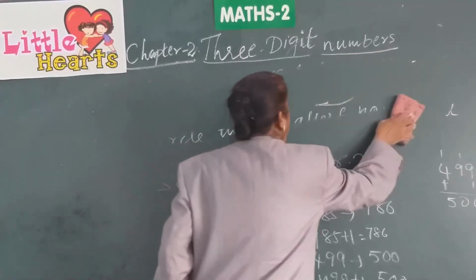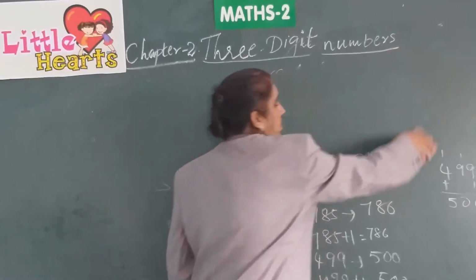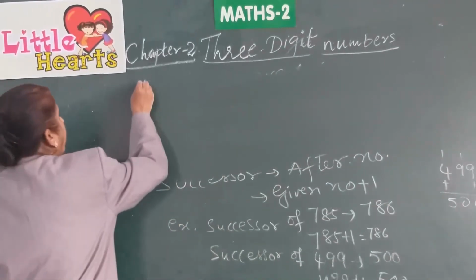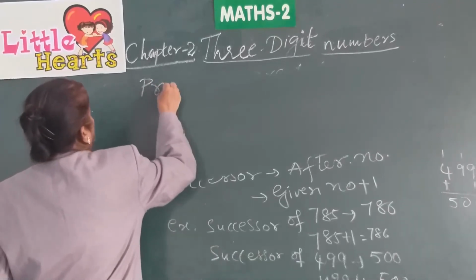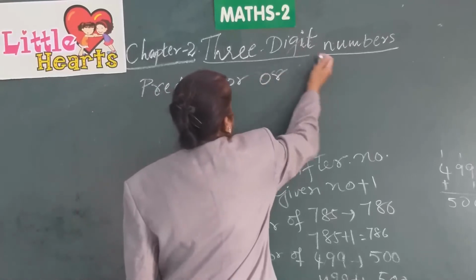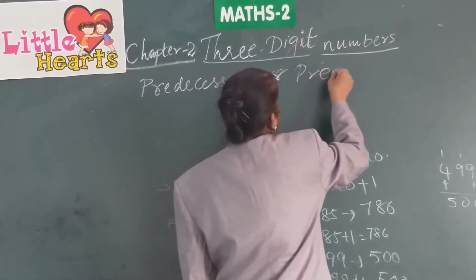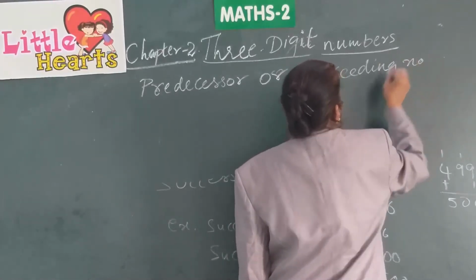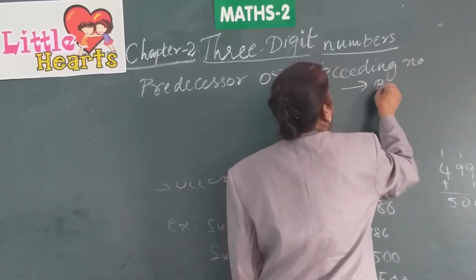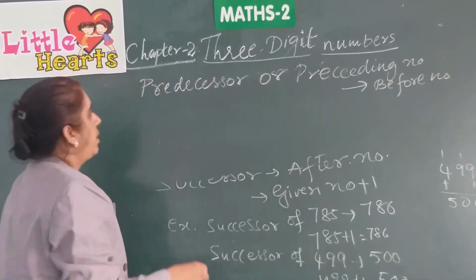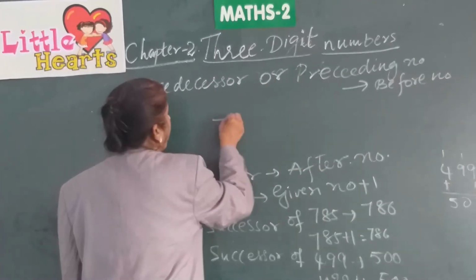Coming to predecessor. Predecessor or the preceding number. Preceding number is the before number. How do you get the before number? Just subtract 1 from the given number.